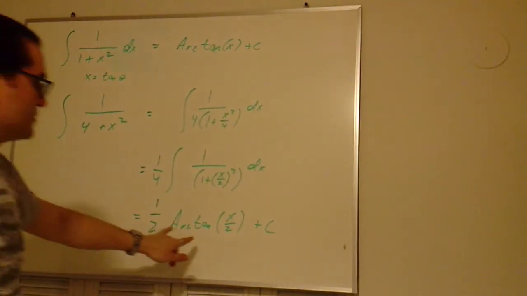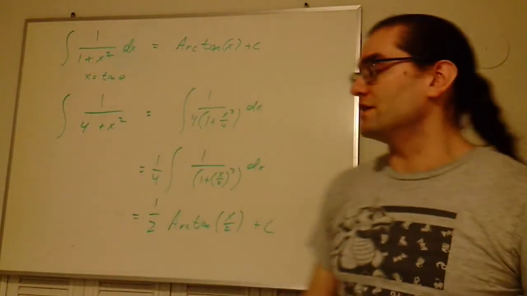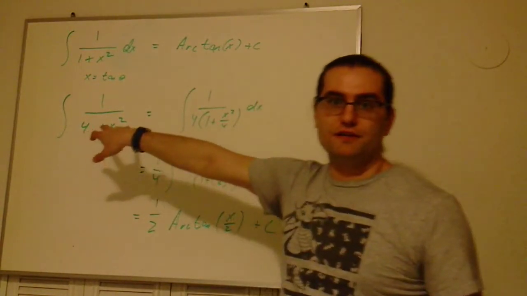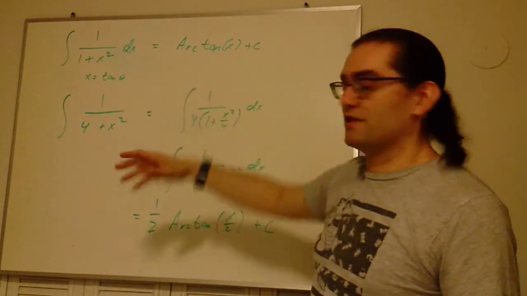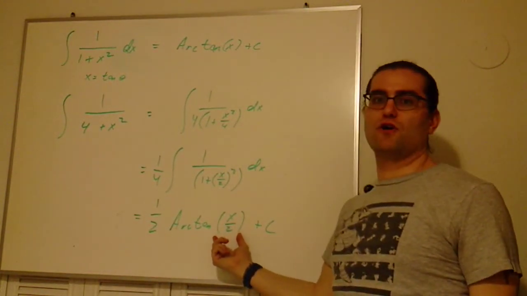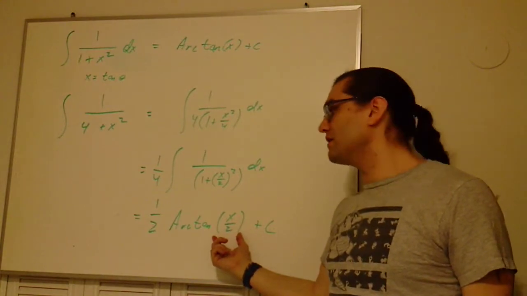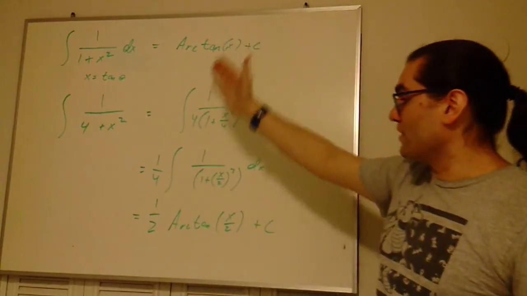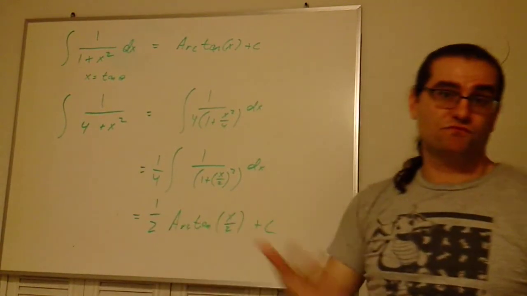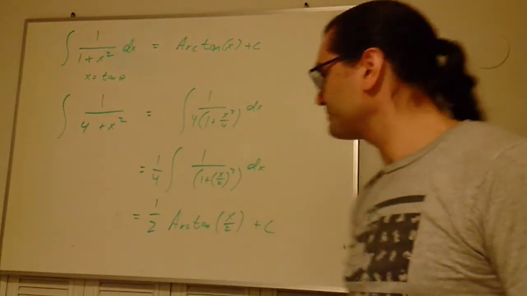So the big difference between the arctan and the arcsine here is that with the arcsine, you start messing with the number 4 in there to change the thing that was a 1. You get a different coefficient inside the arcsine. With an arctan, you get that coefficient on the inside and on the outside, which is kind of neat.